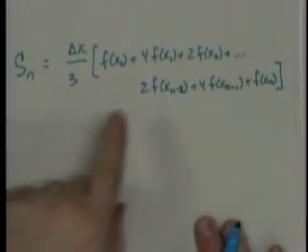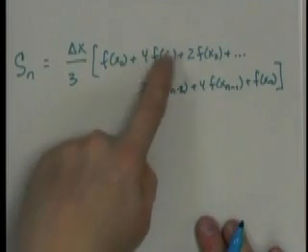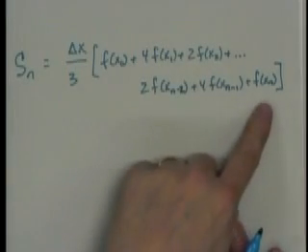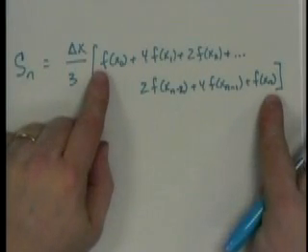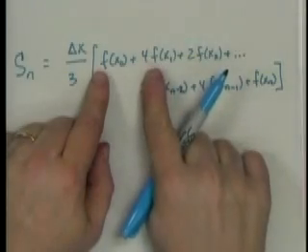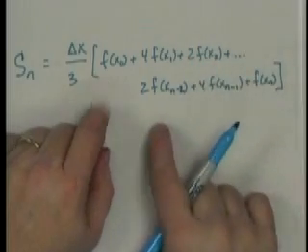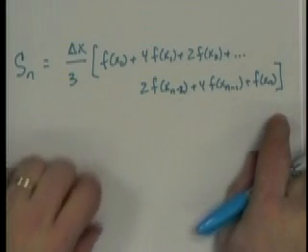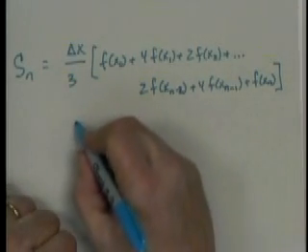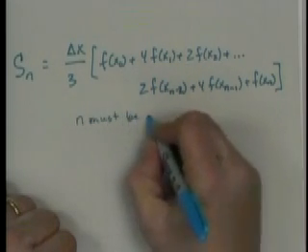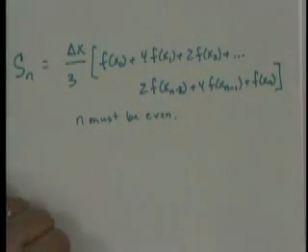The coefficients are 1, 4, 2, 4, 2, 4, 2, 4, 2, and at the end it goes 2, 4, 1. So both the endpoints are only counted once, but then every point after that alternates, 4 and 2, and 4 and 2, until you get to the end, and it's 2, 4, and it stops. That means in order to do this, n has to be even, so that we end up with the right number of pieces in that 2, 4, 2, 4 pattern.